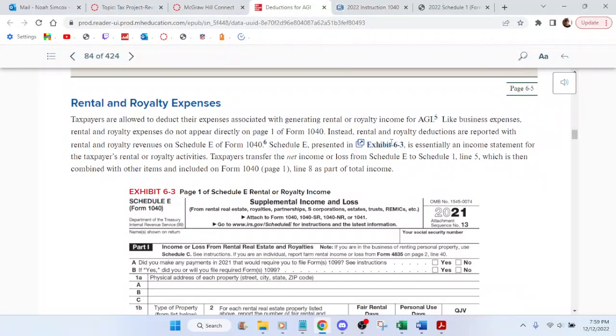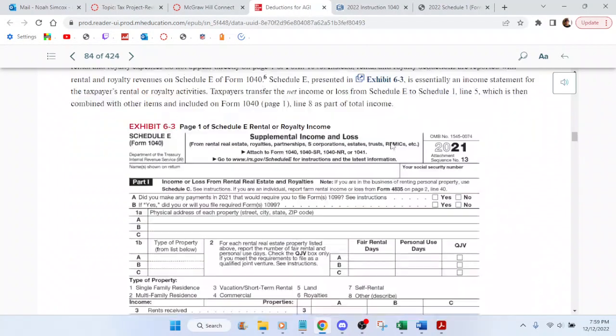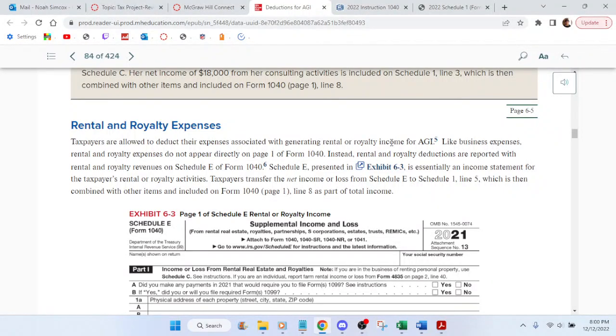Now, rental and royalty expense. This is the one where we're not including that as a deduction because our AGI is way too high.